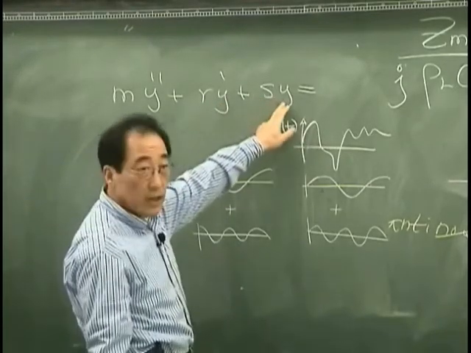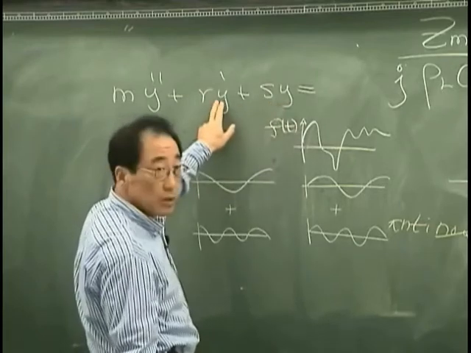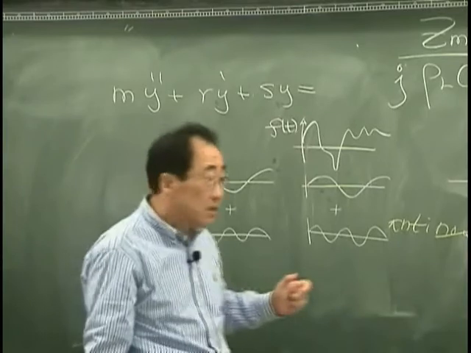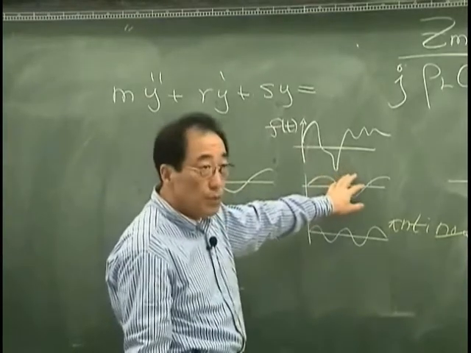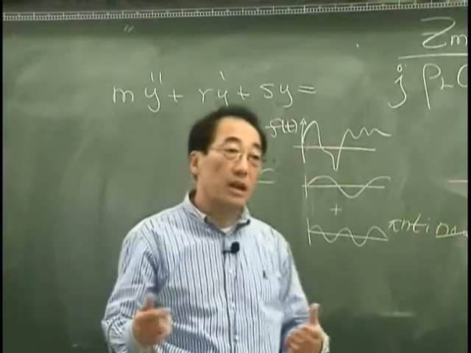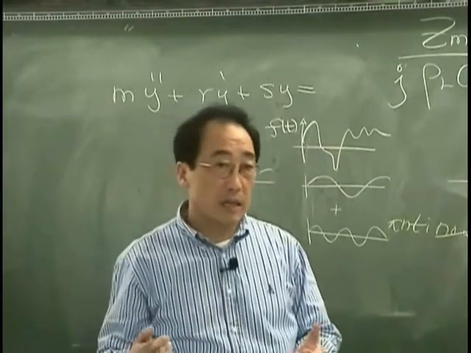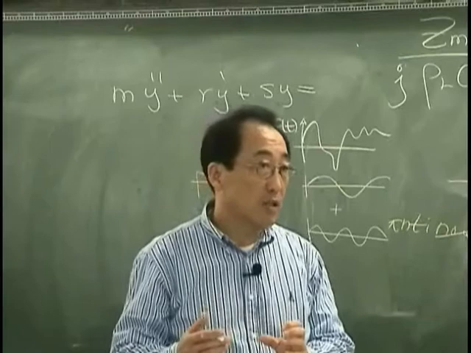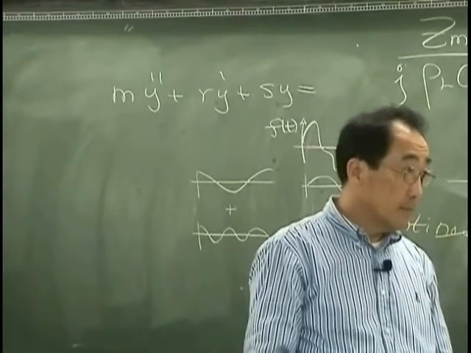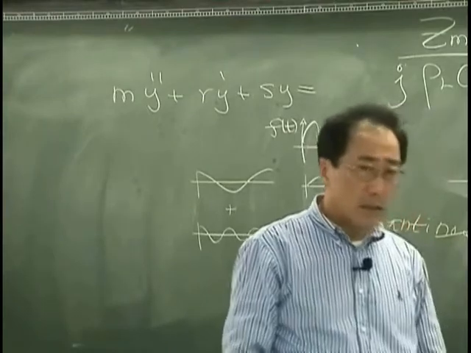Assume that y equals sine, then this is cosine and this is a sine. That means even if we put the sine over here, the response would be sine and cosine, or I say sine omega t plus some phase. Okay? So it's not convenient.